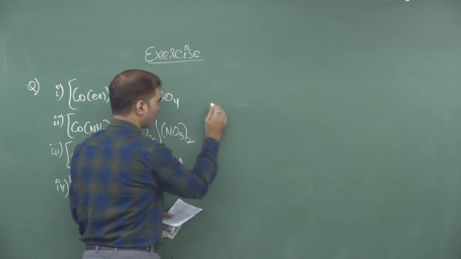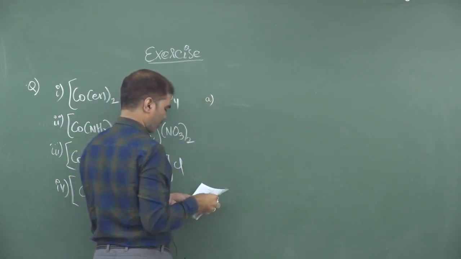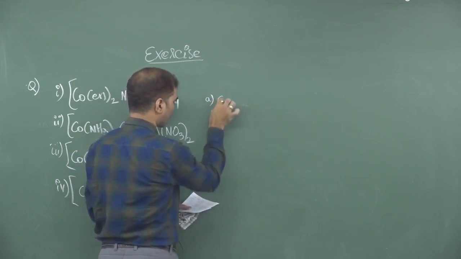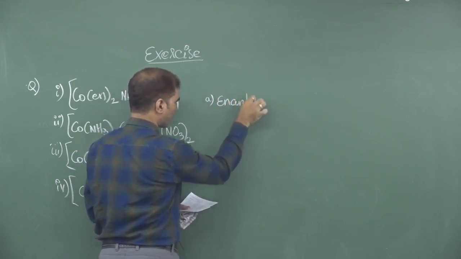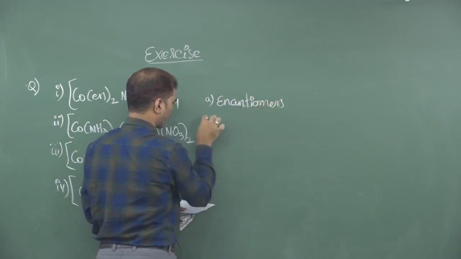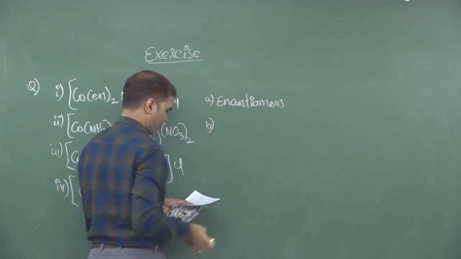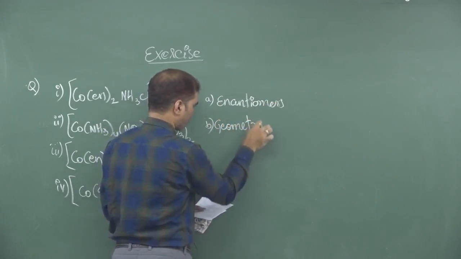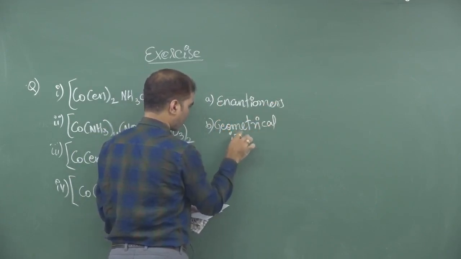Okay, here I'll write. A is enantiomers. Geometrical isomers.